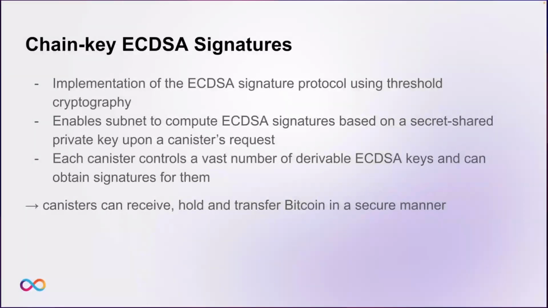So with this protocol, each canister can control a vast number of derivable ECDSA keys and obtain signatures for them. So since Bitcoin addresses are tied to ECDSA public keys, this makes it possible for canisters to receive, hold, and transfer Bitcoin directly on the Bitcoin blockchain in a secure manner.